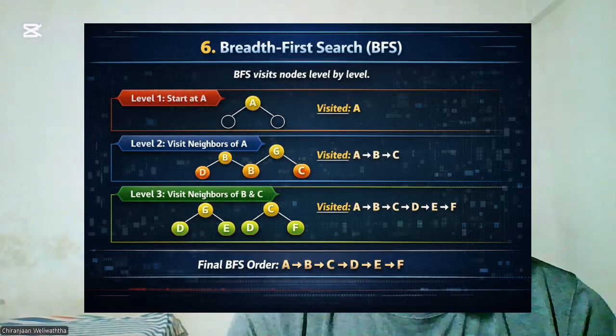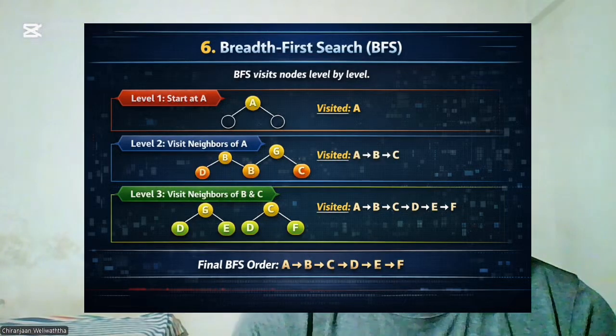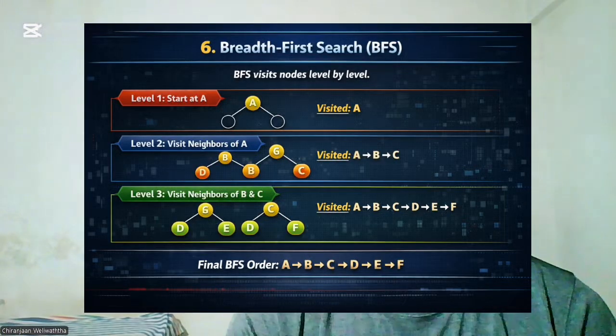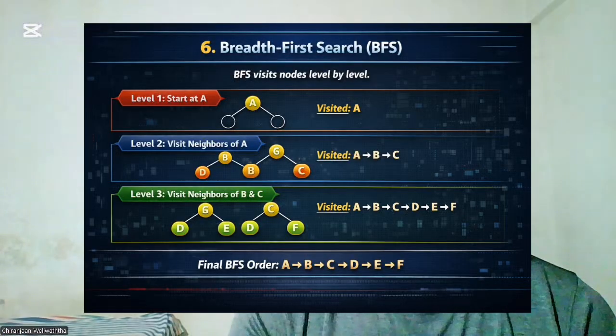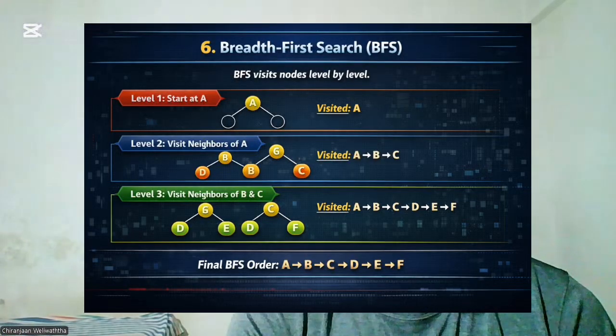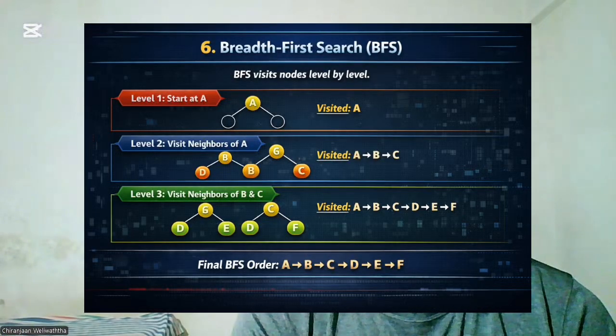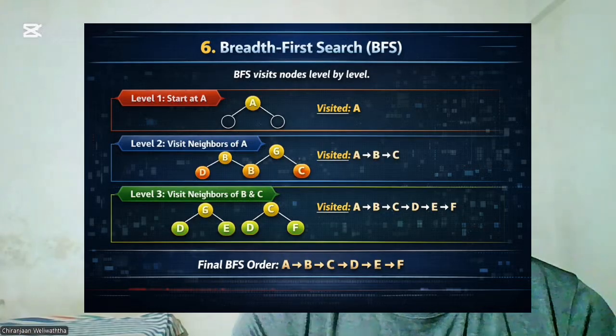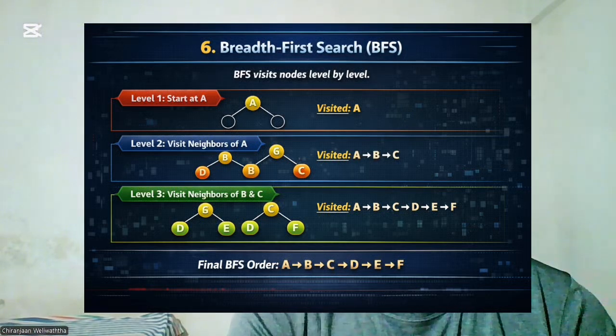First of all, visit A. After visiting A, visit the neighbors of A, B, and C. After visiting B and C, visit the neighbors of B and C, D, E, F. The final BFS order is A, B, C, D, E, F. BFS starts from A and visits level by level.